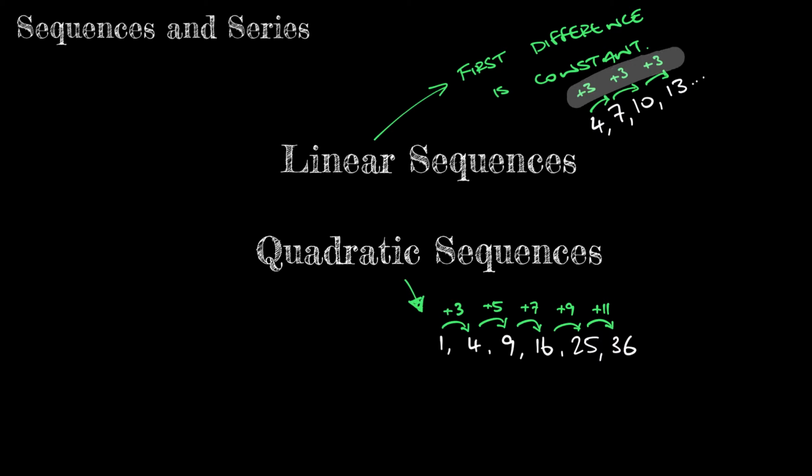Okay. In a quadratic sequence, the first difference isn't constant, but you might notice there that the second difference is constant. So you can see there that from here to here, the second difference is constant. So in a quadratic sequence, the second difference is constant.